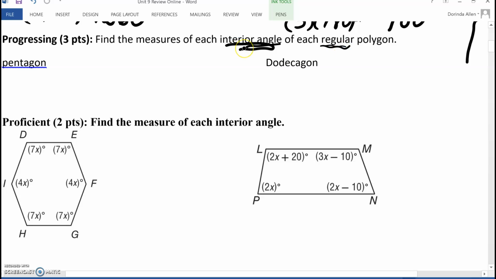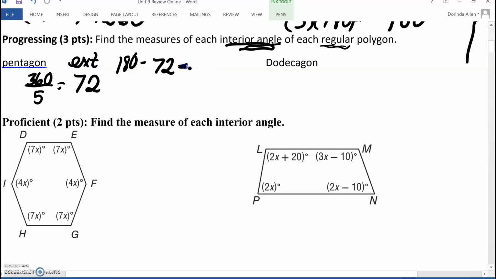The exterior angle and the interior angle add to 180 degrees. So I can take 360 divided by the number of sides, which is 5, and then do 180 minus the exterior angle. That's your exterior angle. I'm getting the interior angle by taking 180 minus 72.